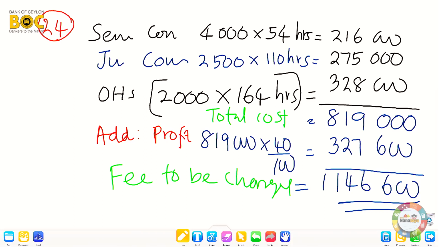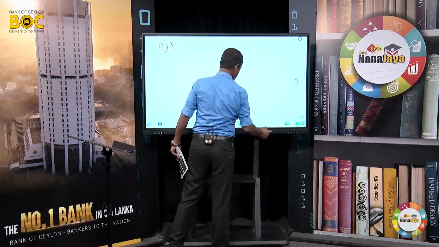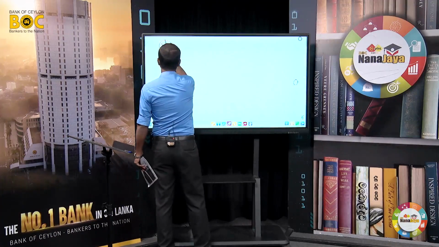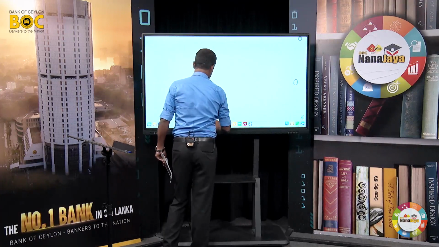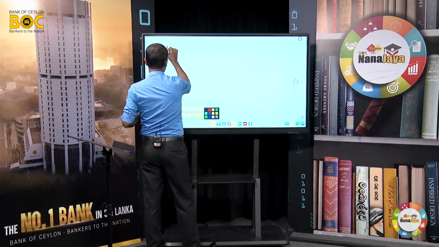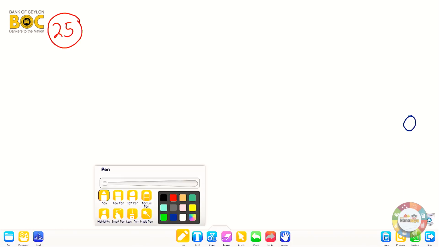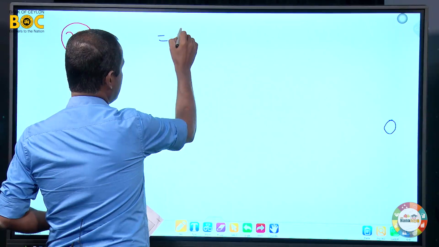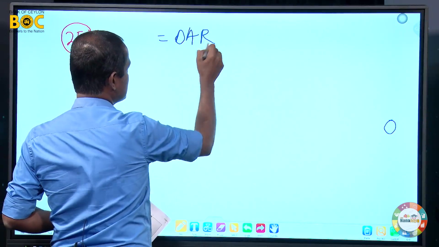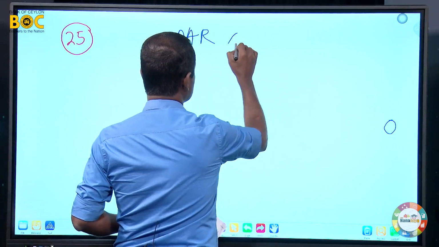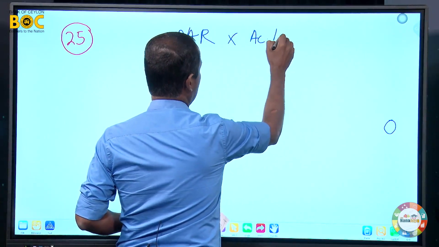The overhead absorbed, how can we calculate? This is the 25th question. Absorbed overhead equals the overhead absorption rate into actual hours, or actual basis.